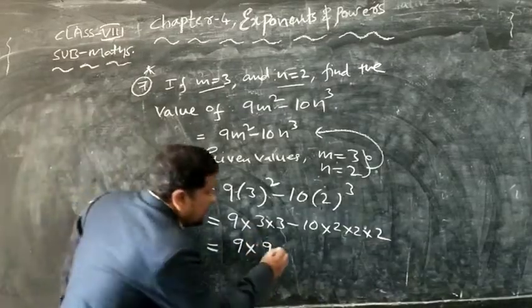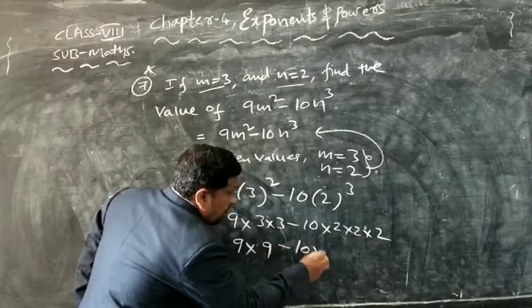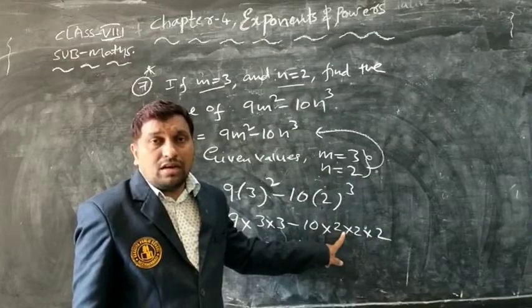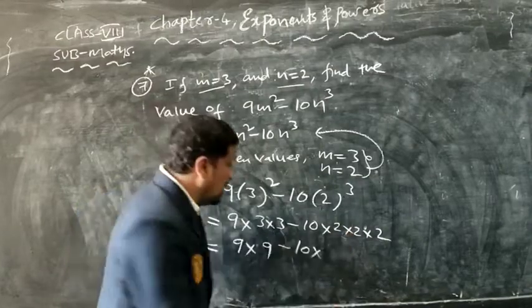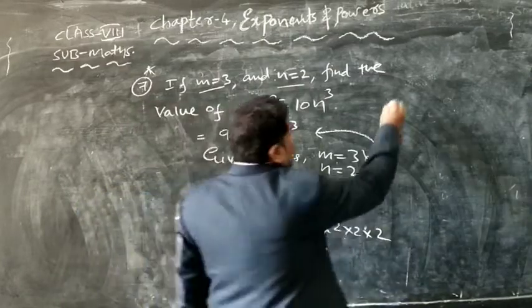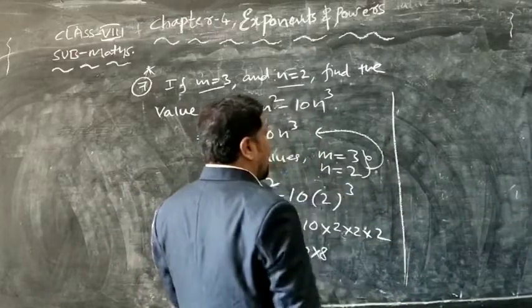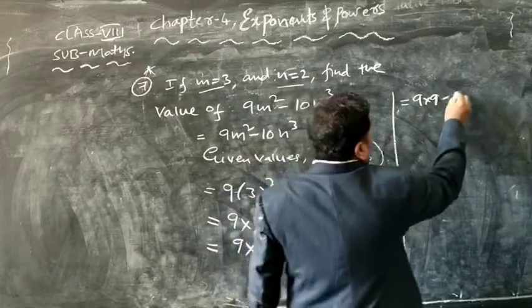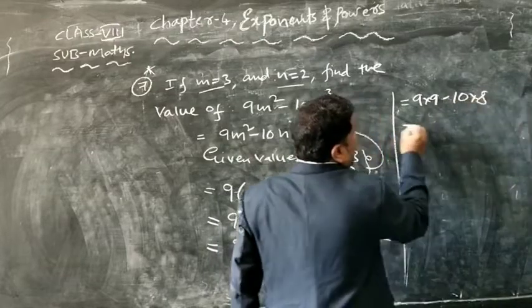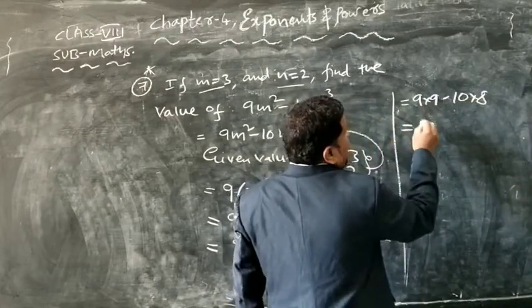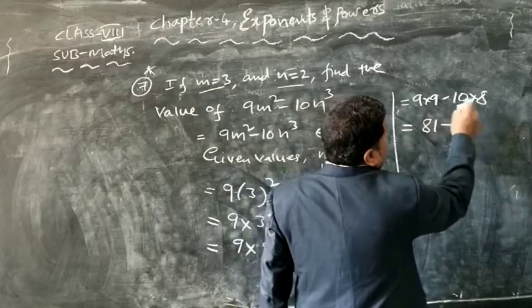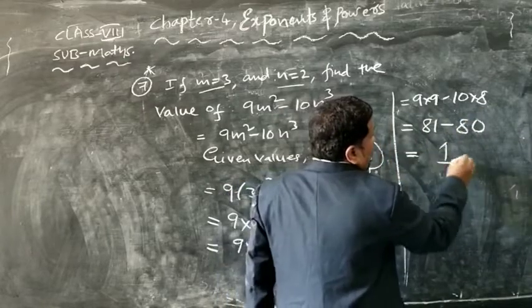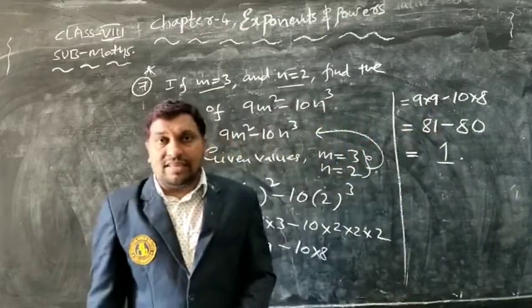Minus 10 into 2 into 2 into 2, 2 2s are 4, 4 2s are 8, means 9 into 9 minus 10 into 8 is equal to 9 9s are 81 minus 10 8s are 80. So 81 minus 80 is equal to 1. Okay, this is the answer.